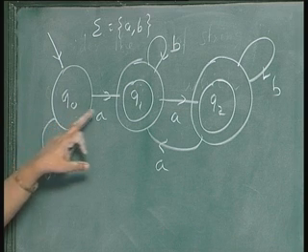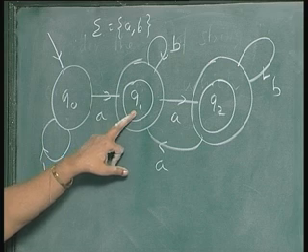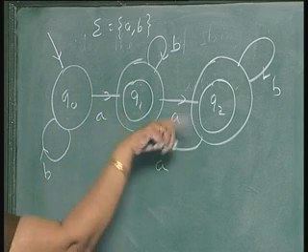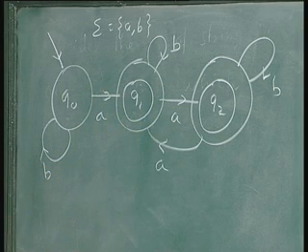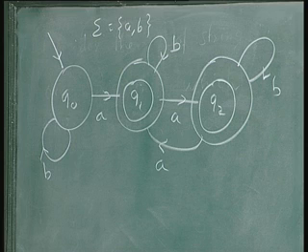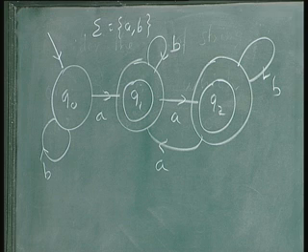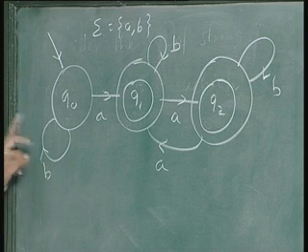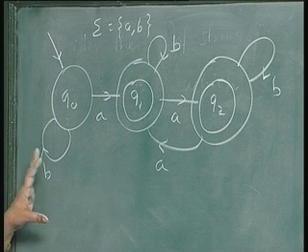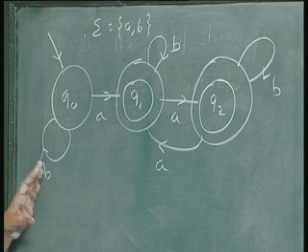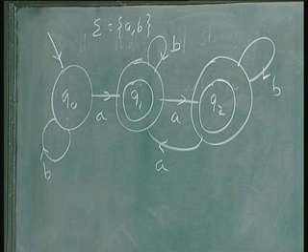But once you get one A, you go here. Afterwards, you will be either in Q1 or Q2 only, so it can be followed by any string. So any string of A's and B's where there is at least one A will be accepted by this machine. If you do not have any A, just a string of B's, it will not be accepted. So the language consists of the set of strings in which at least one A is present.